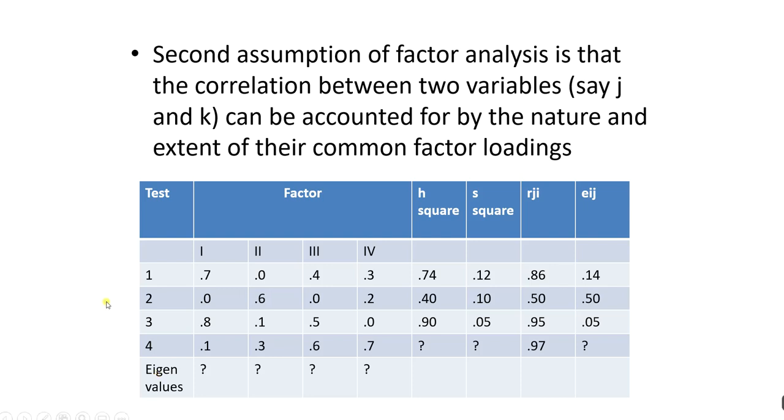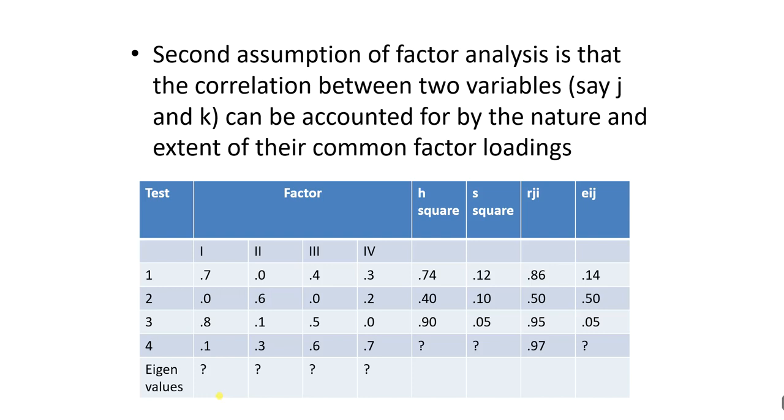So, what will be the maximum factor loading? I said that this is a correlation, so the maximum will be 1. It will not be higher than 1. So, suppose all the variables have a factor loading of 1. Then 1 square plus 1 square plus 1 square plus 1 square will be 4.